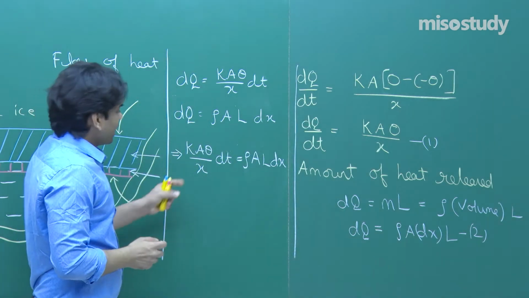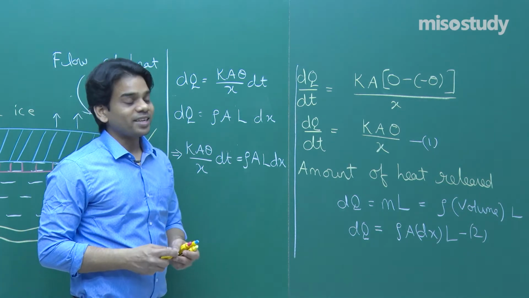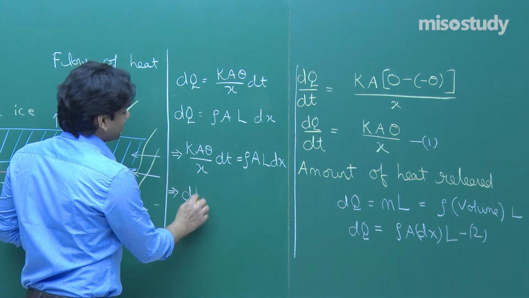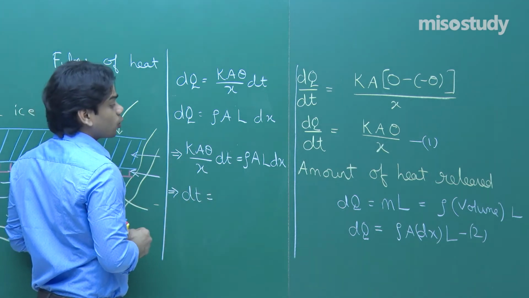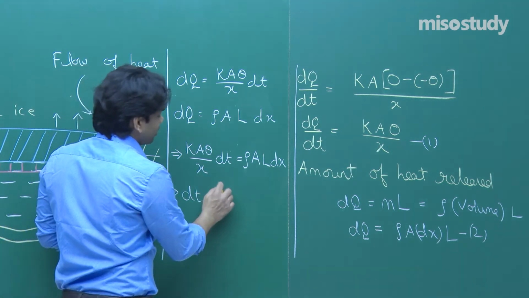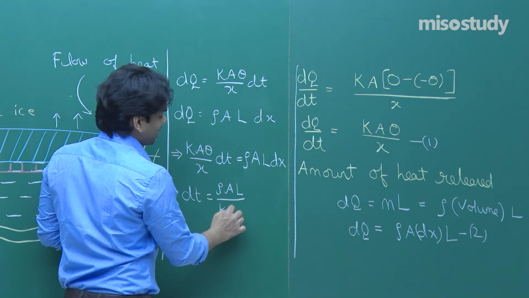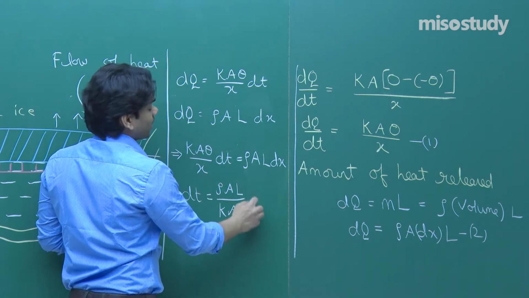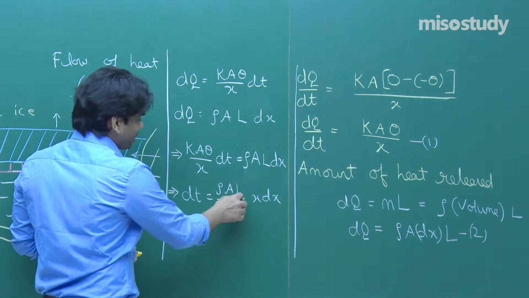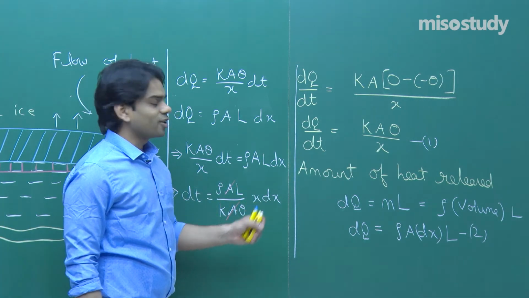Now see, if we take only the dt part on the left hand side and the rest on the right hand side, we are going to have dt is equal to rho A L dx into x divided by k A theta. A has got no role to play, so let me cancel out this area of cross section term. So rho L by k theta into x dx.